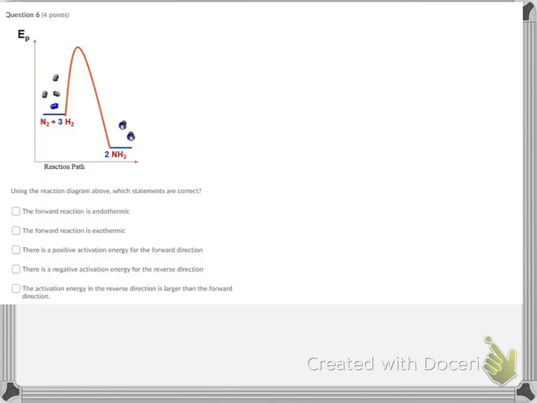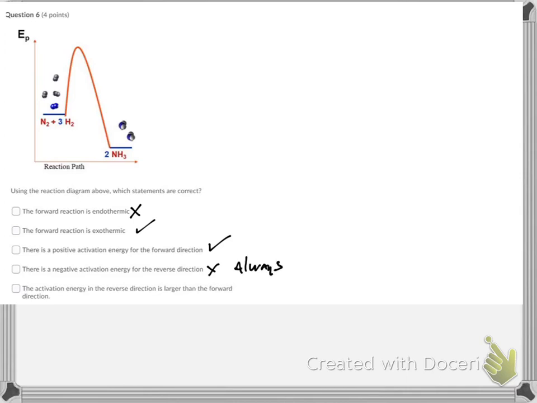All right, so which of the statements are correct here? Well, it's definitely not a forward direction endothermic. It's forward exo. It has a positive activation energy in the forward direction, and it has a positive activation energy in the reverse. It never has a negative activation energy. And the activation energy in the reverse direction is larger.